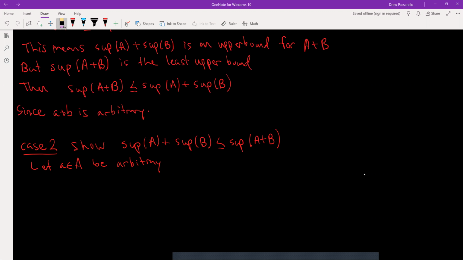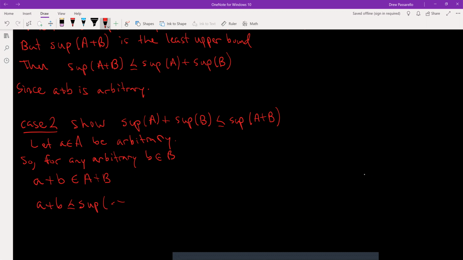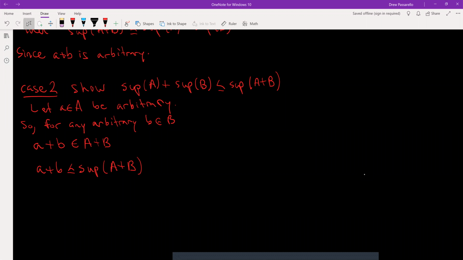I cannot spell today, sorry. So again, for any arbitrary b in capital B, we have a plus b, which is an element of our set capital A plus capital B, and we know that that's got to be less than or equal to the supremum of capital A plus B. So a plus b is less than or equal to the sup of A plus B, and then we can rearrange this.